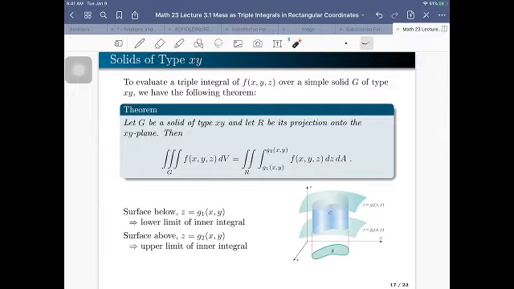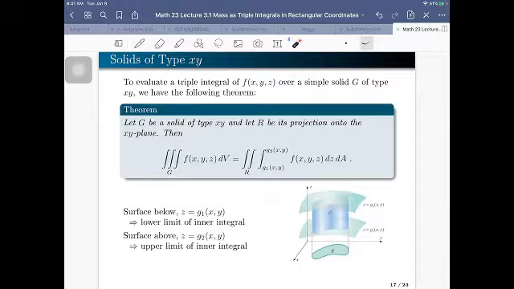So dV becomes dz dA. After evaluating with respect to z, you get a function in terms of xy, and therefore this double integral is well defined because it is over the projection of the solid onto the xy plane.